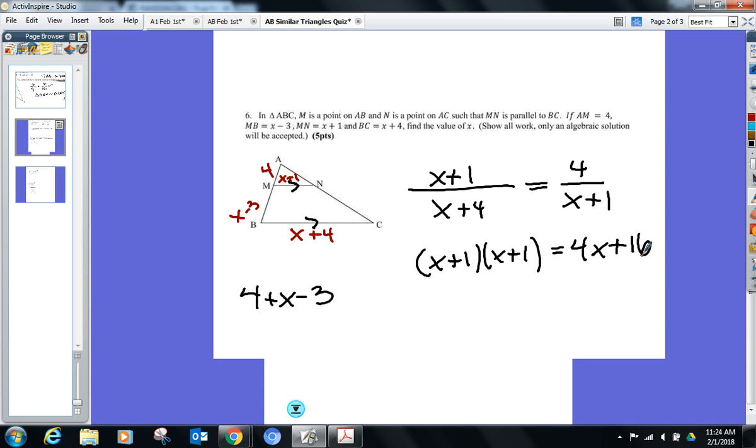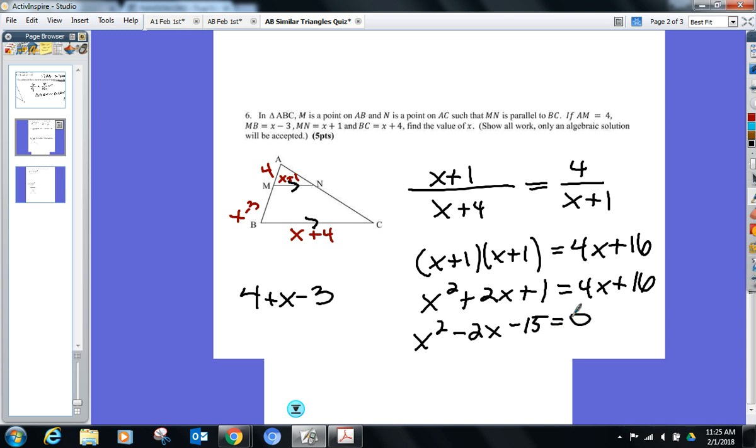Yeah. Binomial times a binomial. X squared plus 2x plus 1 equals 4x plus 16. Get one side equal to 0. X squared minus 2x minus 15 equals 0. You can use quadratic formula tomorrow.